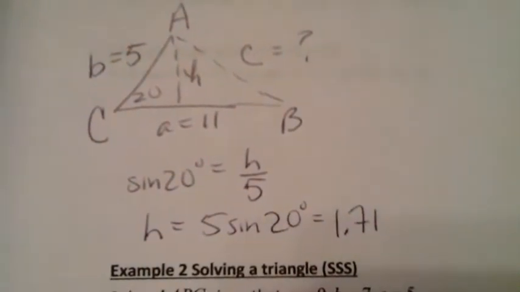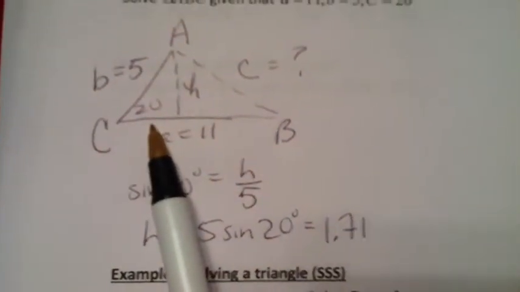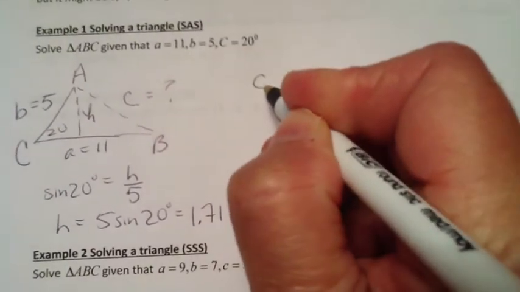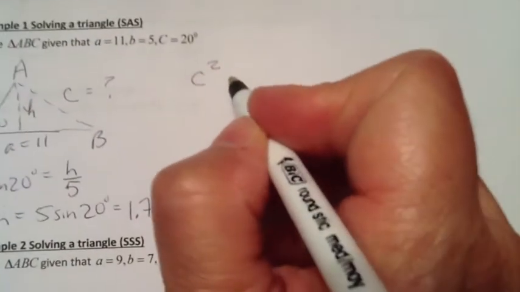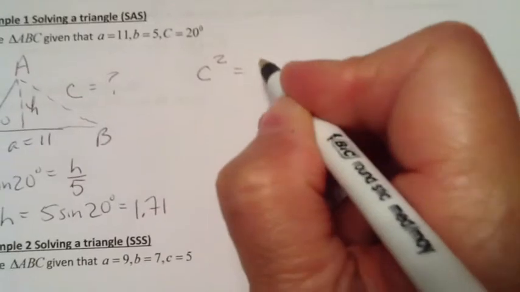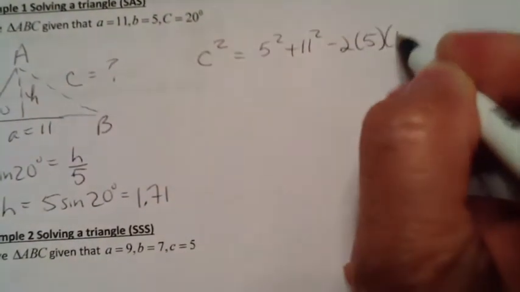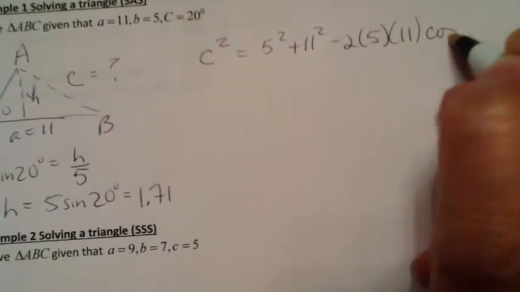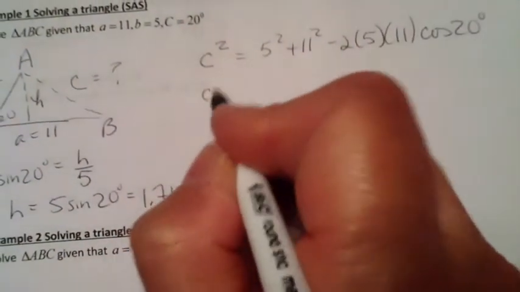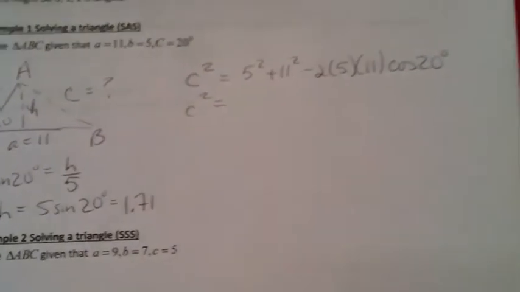So now I have to look for this little side. I have an angle in between, so I think I can use the law of cosines. Now remember, I'm looking for C, so C squared equals 5 squared plus 11 squared minus 2 times 5 times 11 times the cosine of 20 degrees. And I'm going to plug this into the calculator.